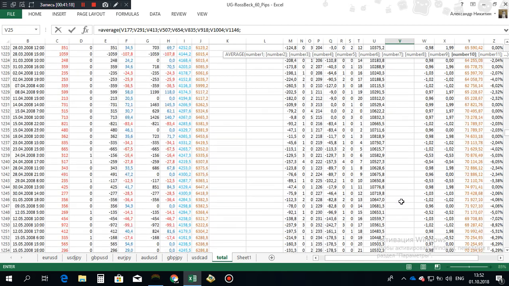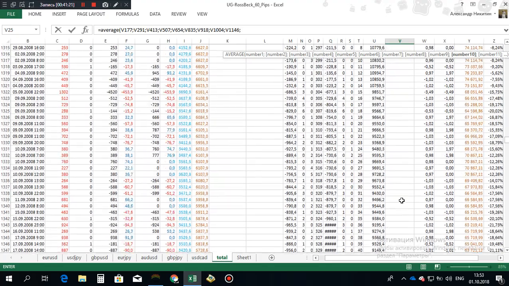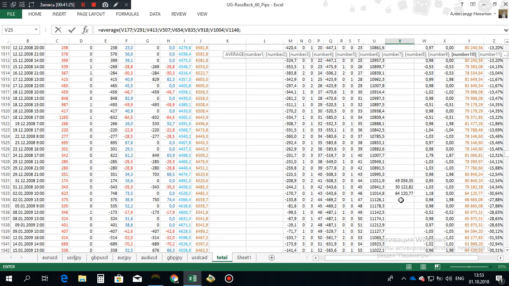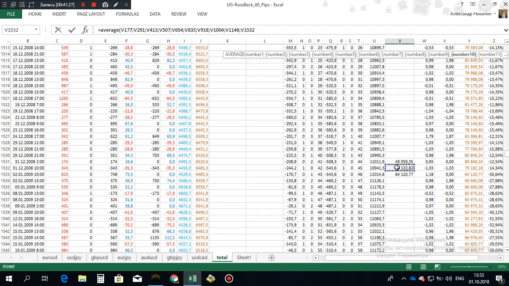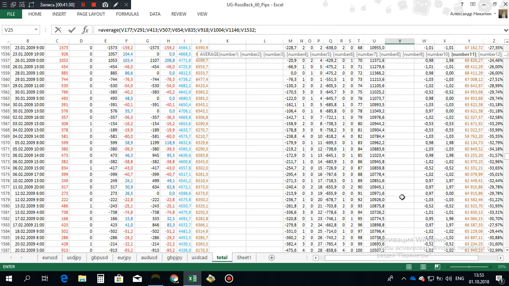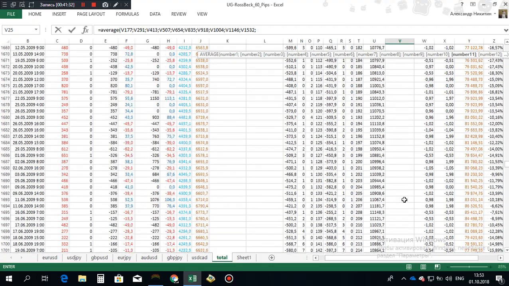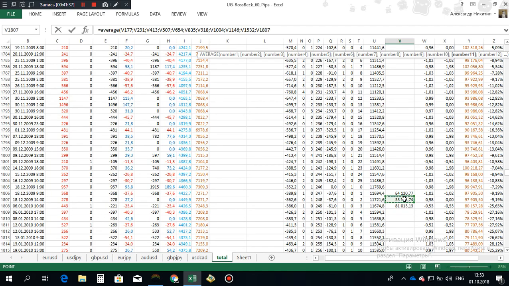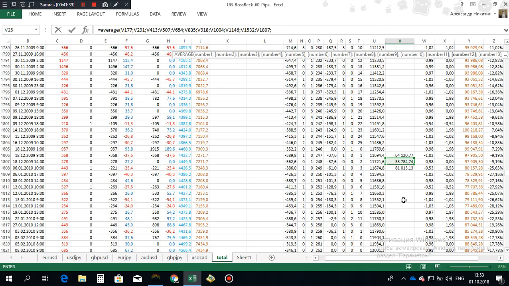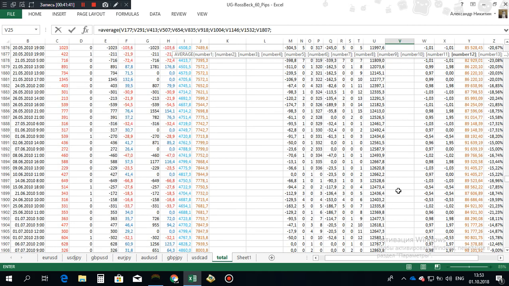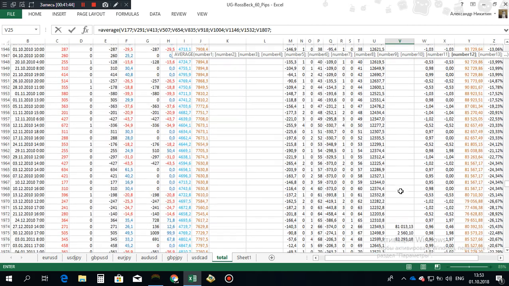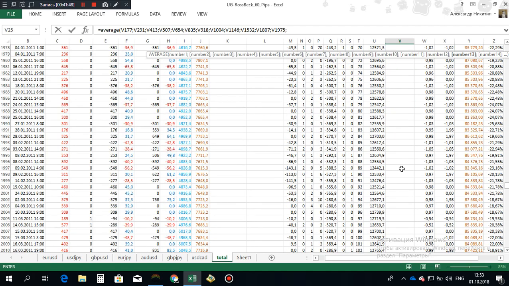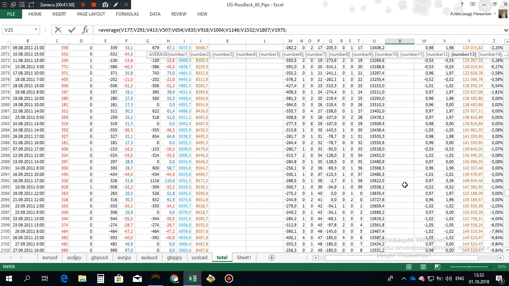Okay. It was small in the beginning because I had a smaller account, and it is larger closer to the end because I have a larger account, yes.